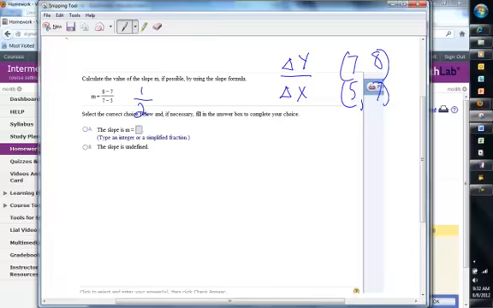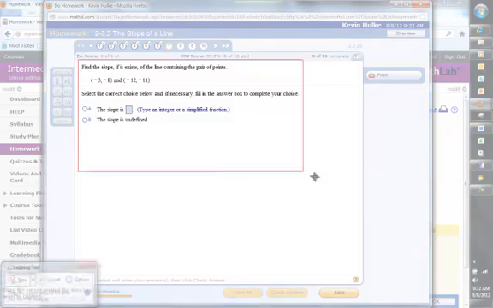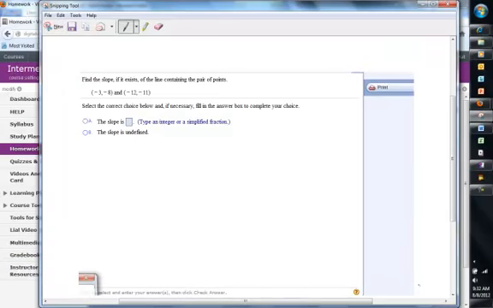So this is how we use that formula that we just were using. Change in y over change in x. So y goes from negative 8 minus negative 11 over, got to put that in parentheses because you can't have 2 negative signs in a row, negative 3 minus negative 12.